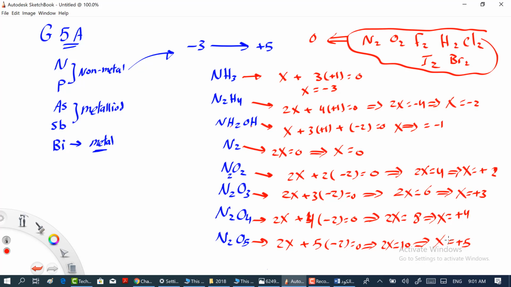So we'll find it ranges from -3 up to positive 5.